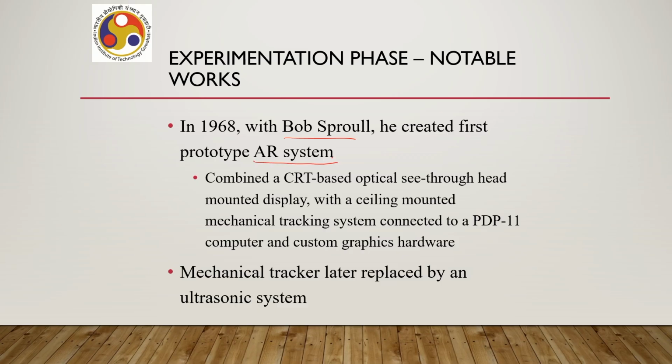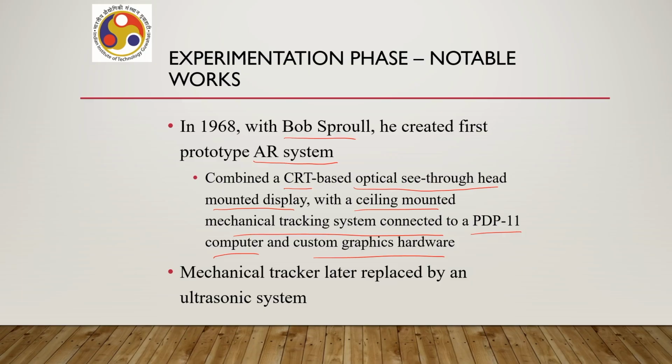Now, in the system, they combined a CRT based, that is cathode ray tube based, optical see-through head mounted display or HMD with a ceiling mounted mechanical tracking system connected to a PDP-11 computer and custom graphics hardware, similar to the system that we have seen during discussion on VR history.